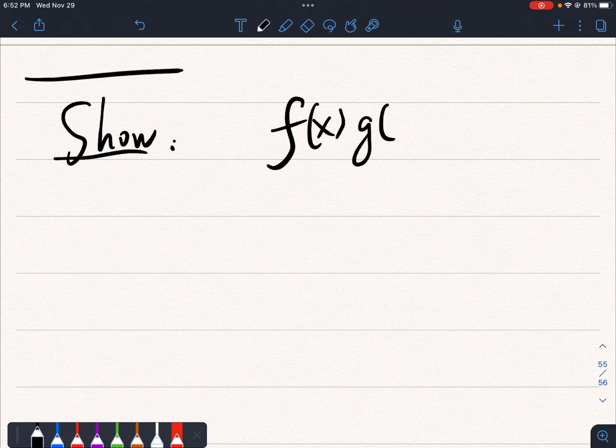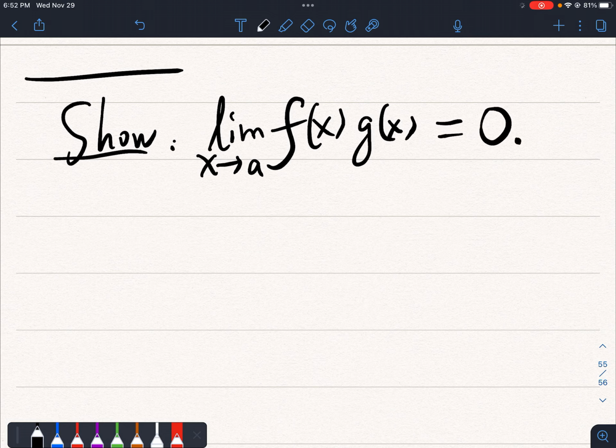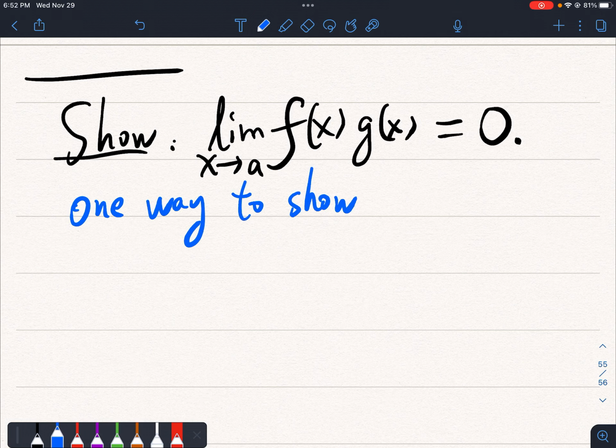If you are asked to show that the function f of x times g of x, the product of two functions, at a point, let's say when x approaches a, is equal to 0, then one way to show it is that you show one of them is bounded, which means the absolute value is less than or equal to some fixed number. And also you show the other function approaches 0.